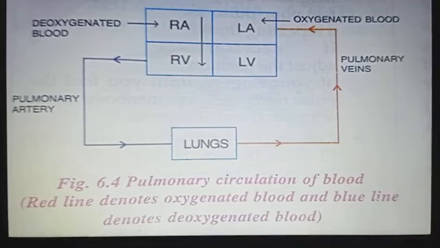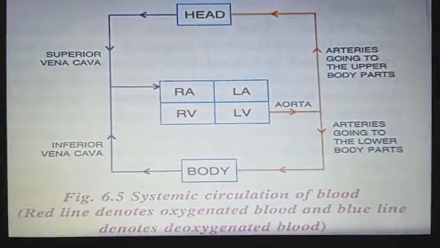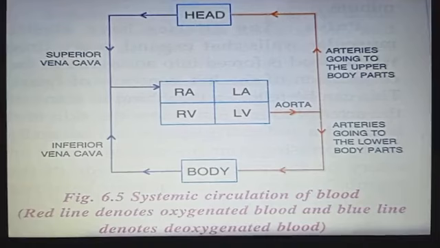The next topic that you need to know is the second type of circuit. In the second type of circuit, the oxygenated blood from the left side of the heart is distributed to all parts of the body except the lungs. And this circulation of blood is known as systemic circulation.